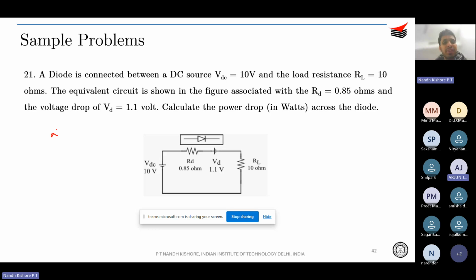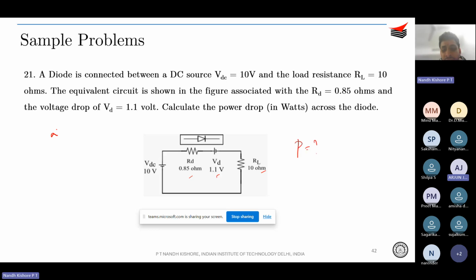A diode is connected between a DC source VDC equal to 10 volts and a load resistance of 10 ohm. The equivalent circuit is shown in the figure with RD as 0.85 ohm and voltage drop as 1.1 volt. Calculate the power drop across the diode. We have solved enough problems with this.